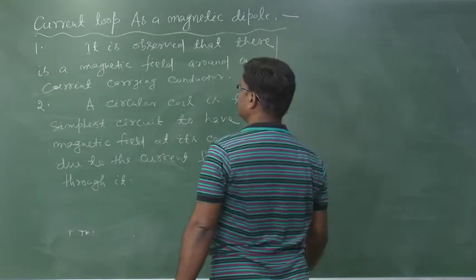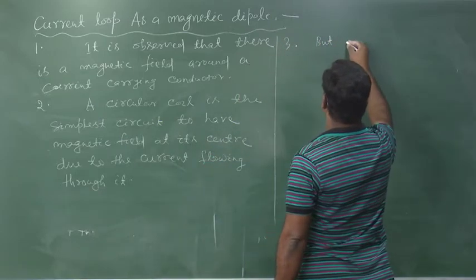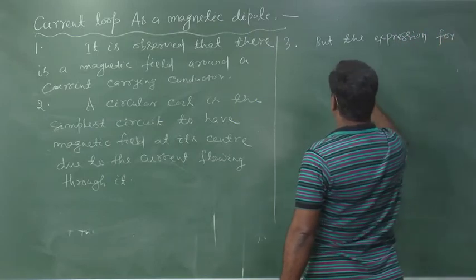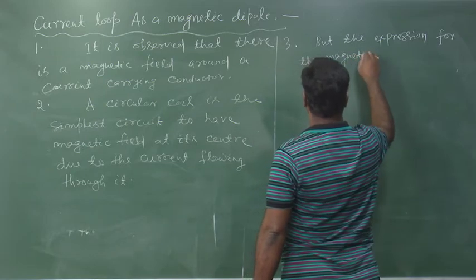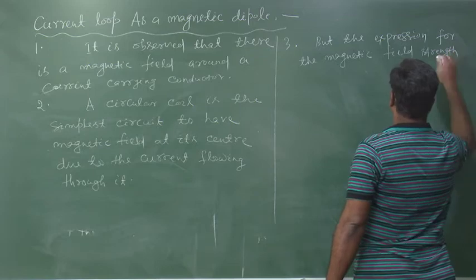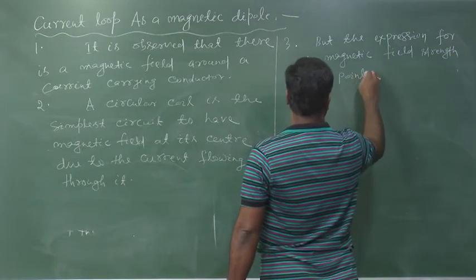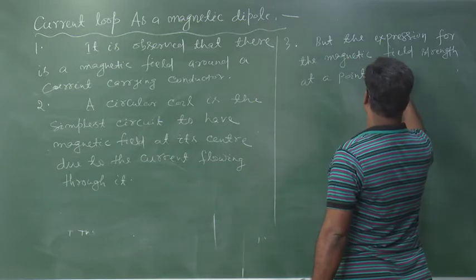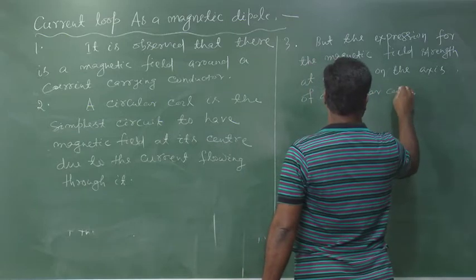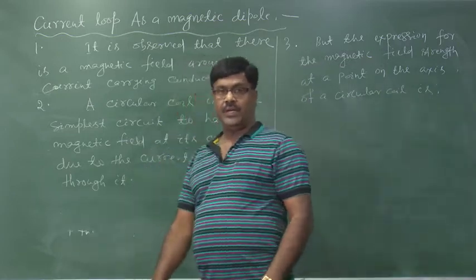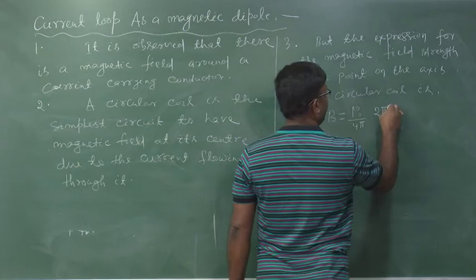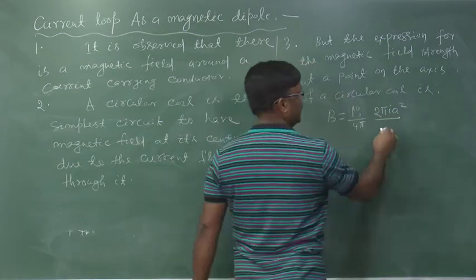But the expression for the magnetic field strength at a point on the axis of a circular coil is B is equal to mu 0 by 4 pi, 2 pi I square by r cube.